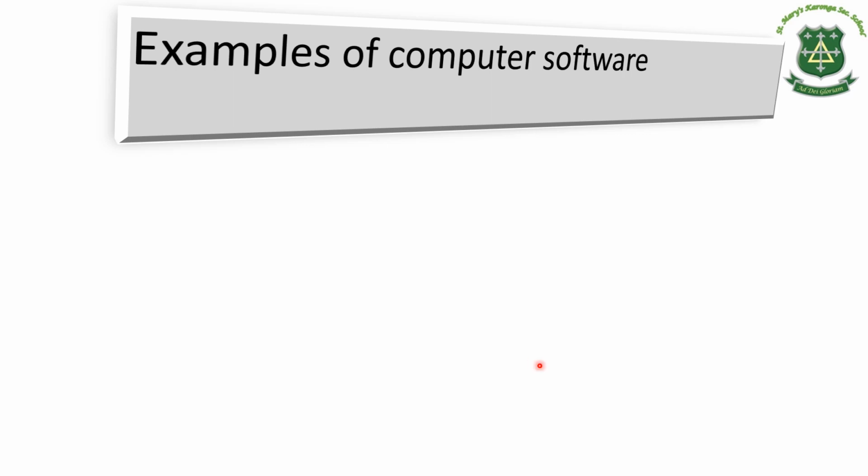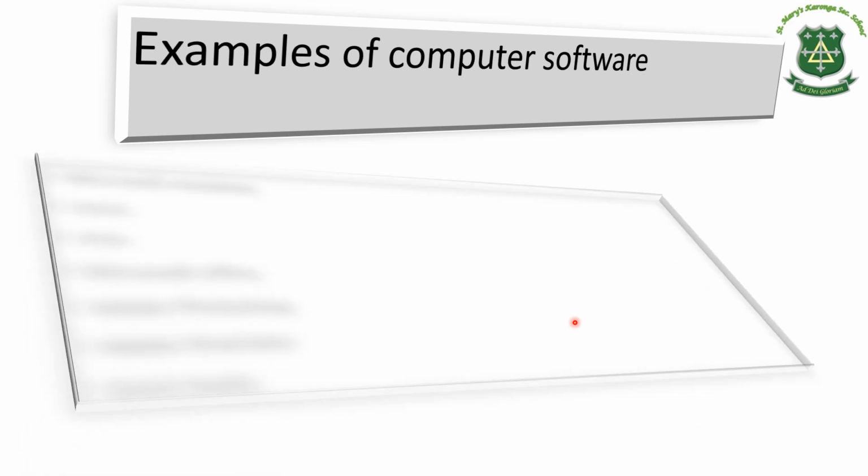Now, having defined what computer software is, let us look at the examples. What are the examples of computer software? Here we are going to look at a few of the many examples, because there are so many examples of software.